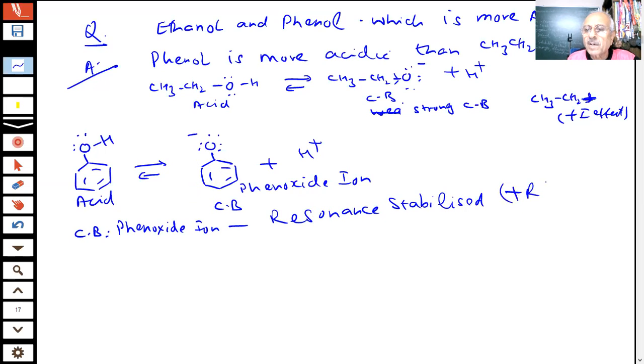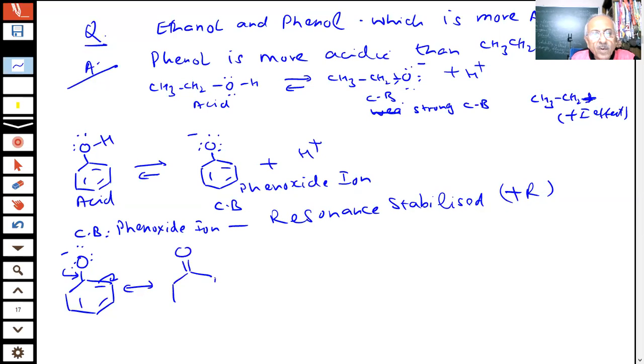Plus R effect. How? Can you draw the resonance structure of this, student? How will you draw it? 2, 4, 6. This is negative. Pi electron can shift.